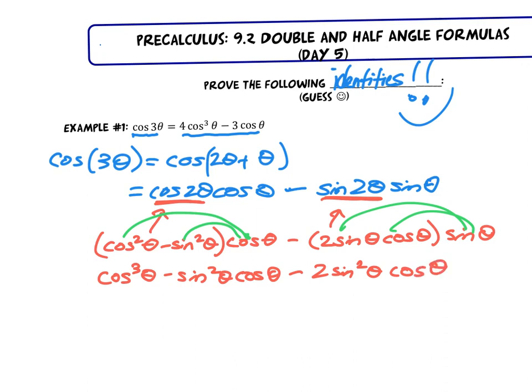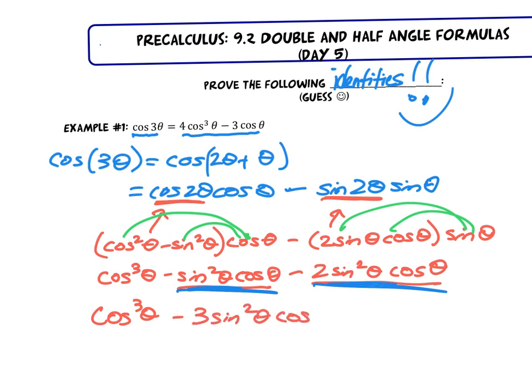Okay, now notice that these are like terms. So the cosine cubed theta is out front, and then it'll be minus 3 sine squared theta cosine theta. Okay?